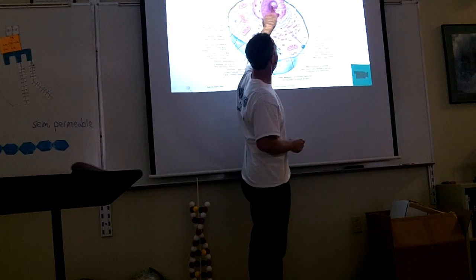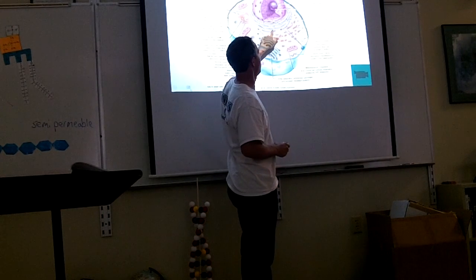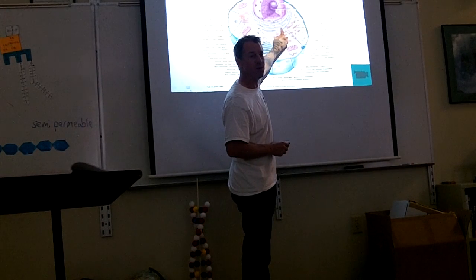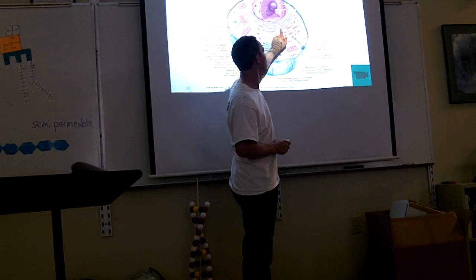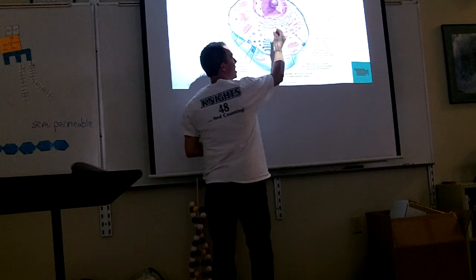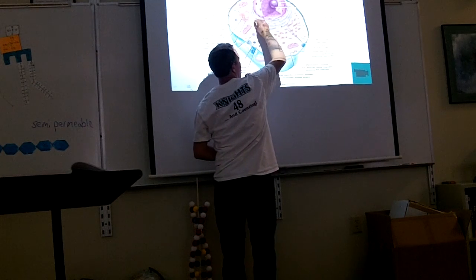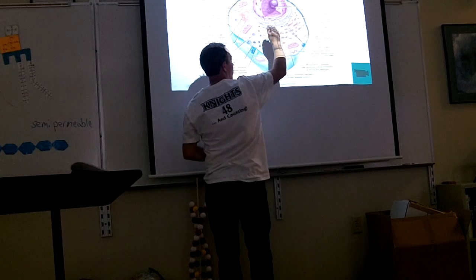Now the nucleolus, this part here, is what actually helps make the ribosomes. These little yellow things are the ribosomes. And what do the ribosomes do? Make proteins. The proteins are then packaged into this part. What's this whole gloopy part called? Endoplasmic reticulum. Just smooth and rough.